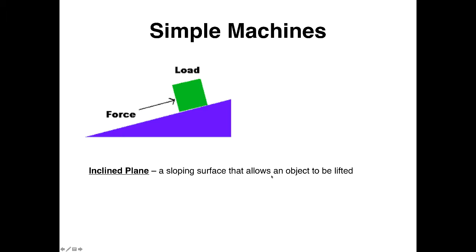So an inclined plane is a sloping surface that allows for lifting of objects. These inclined planes were used to build the pyramids in Egypt. This is one of the ways they got these huge blocks up to where they needed them. As I said, the IMA is equal to the length of the plane, that is the input distance, divided by the height of the plane, the output distance.